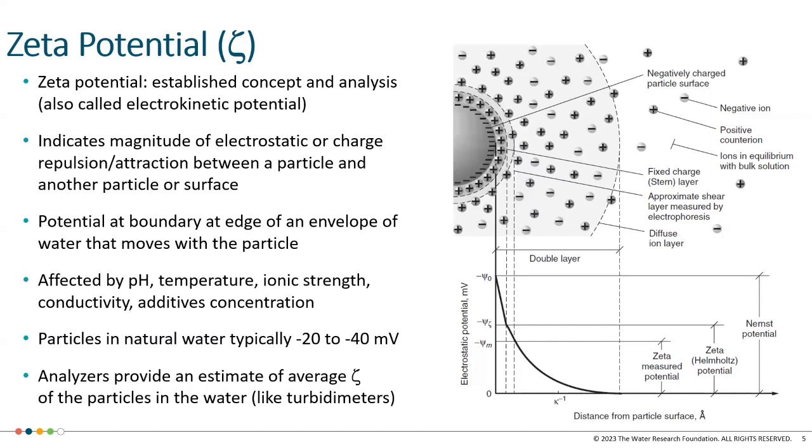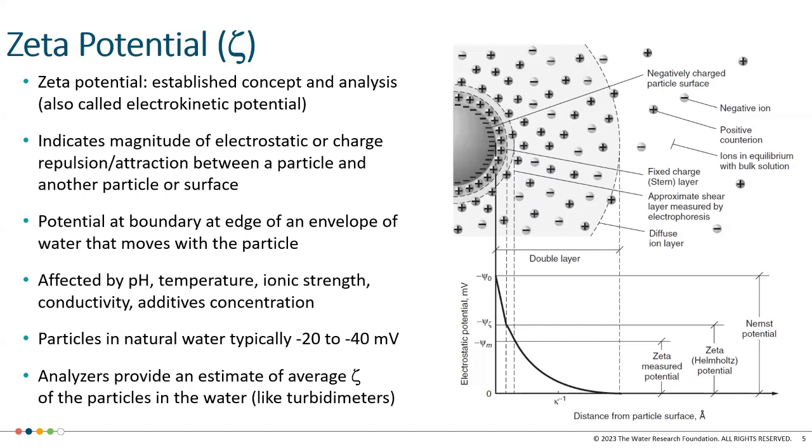And therefore, zeta potential can be a useful tool in some cases because it indicates the magnitude of the electrostatic or charge repulsion and attraction between this particle and another particle, or this particle and another surface. And so zeta potential is a measure of that magnitude of electrostatic or charge repulsion and attraction between those surfaces.